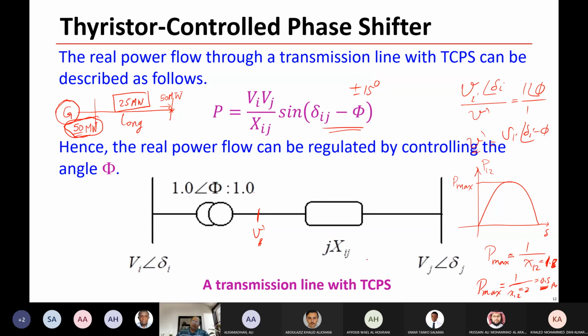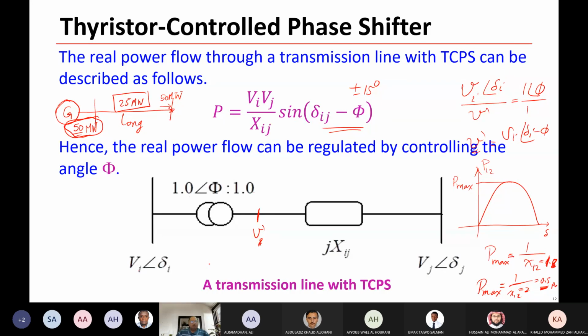Here is the role of the FACTS devices. FACTS devices can allow you to transfer more power. You can transfer the 50 megawatt, but the FACTS devices are not generating power. They are facilitating the power transfer. This is the problem.